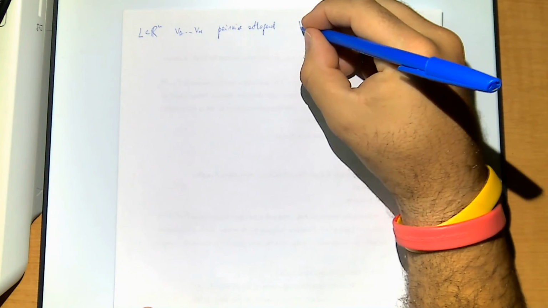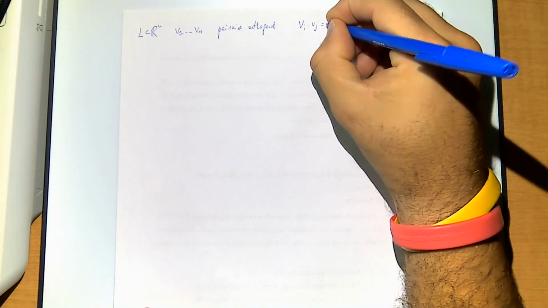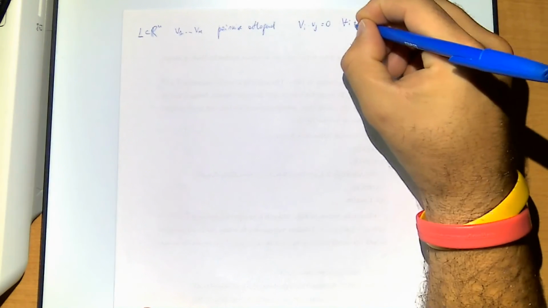And so that basically means that vi dot vj is always 0 for all i different from j. And what we claim is that in this case, if they are exactly orthogonal, it's going to be easy to solve the problems. And what you can imagine is that the closer they are to orthogonal, the easier it will be.